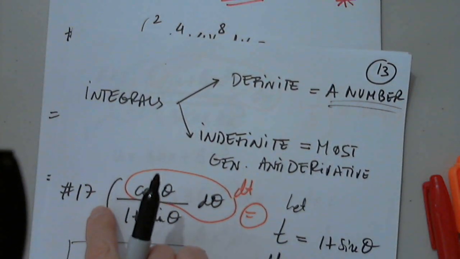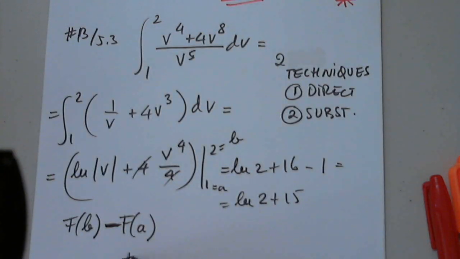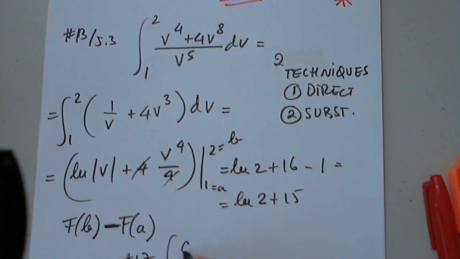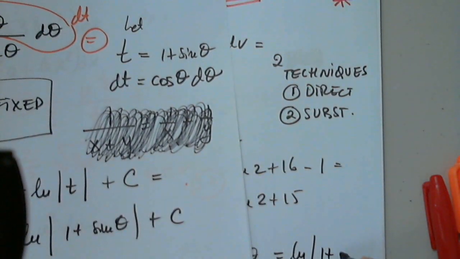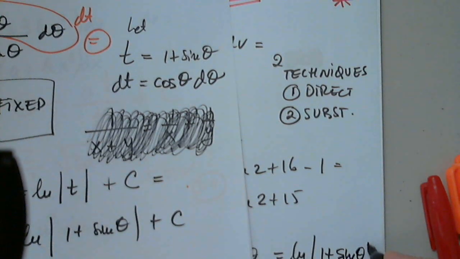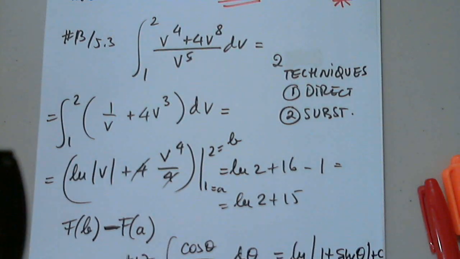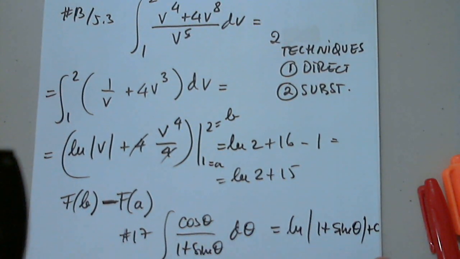Okay, problem 17 that we worked on last time was the integral of cosine theta over 1 plus sine theta d theta. And our result was natural log of the absolute value of 1 plus sine theta plus a constant c, of course. So what I wanted to show you is, is this true?